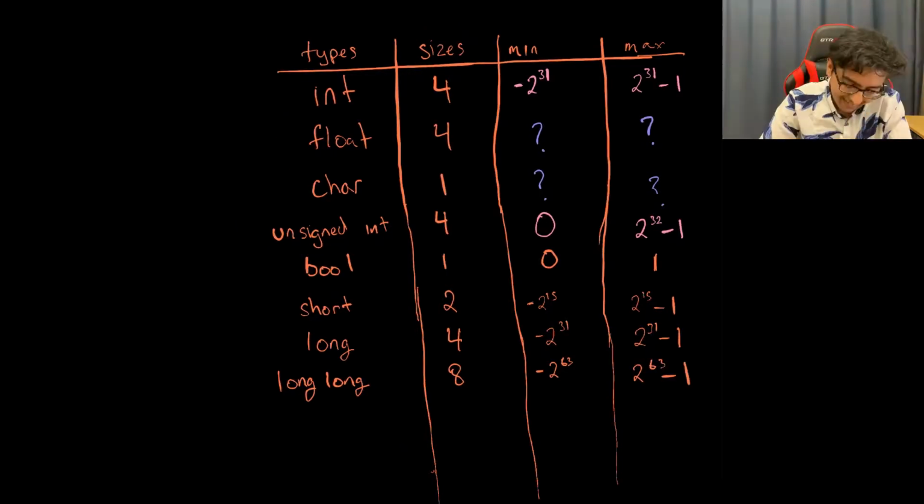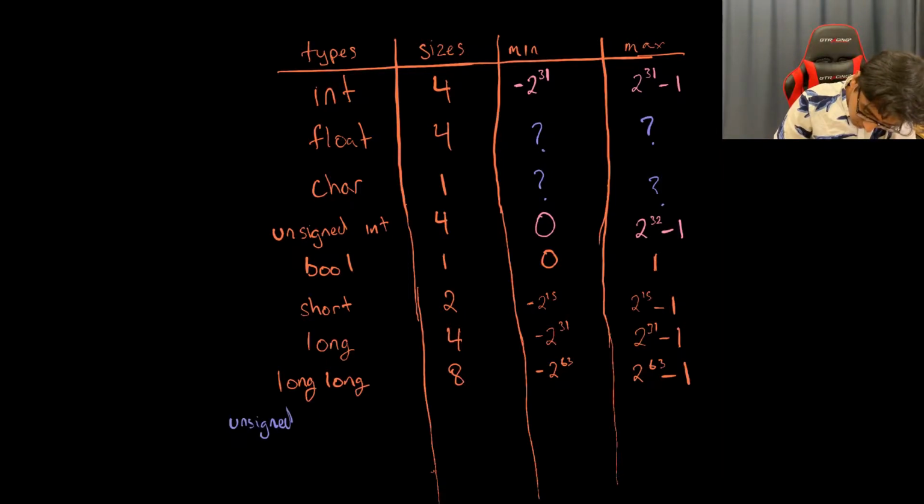Now, in addition to int, long, and short, we actually are allowed to add unsigned on top of each of these in case we don't care about allowing negative values. So hence we additionally have unsigned short, which is also 2 bytes, but goes from 0 to 2 to the power 16 minus 1.